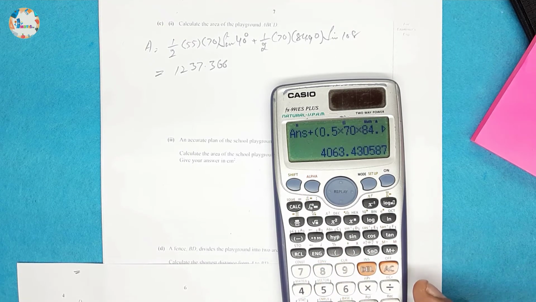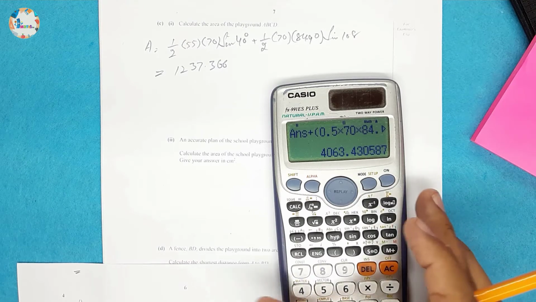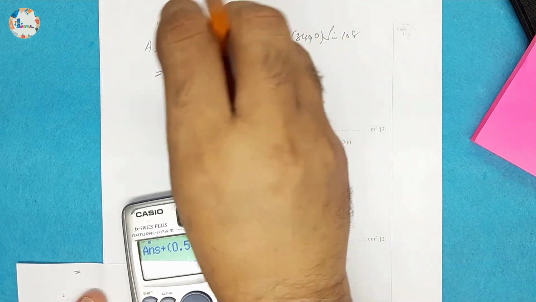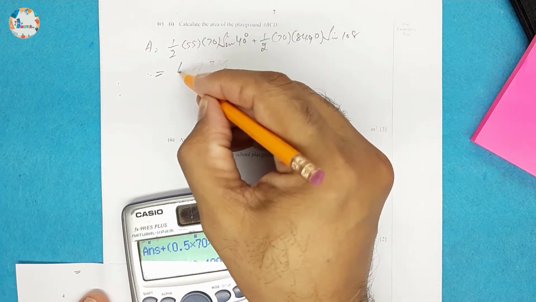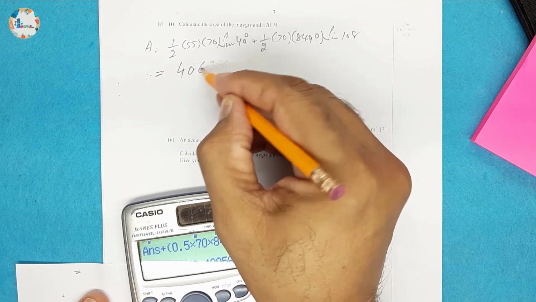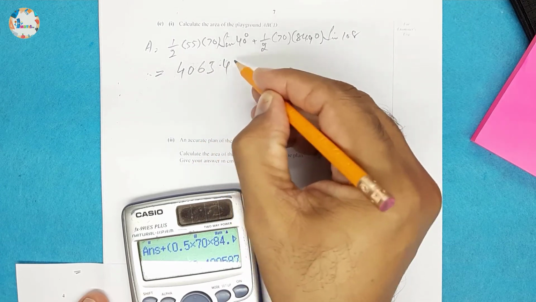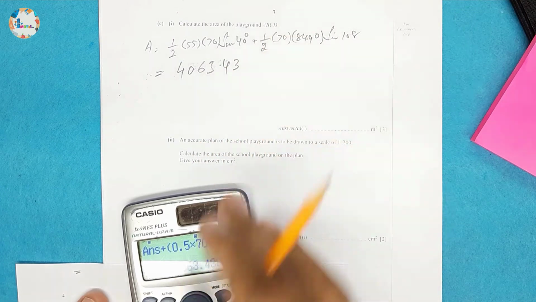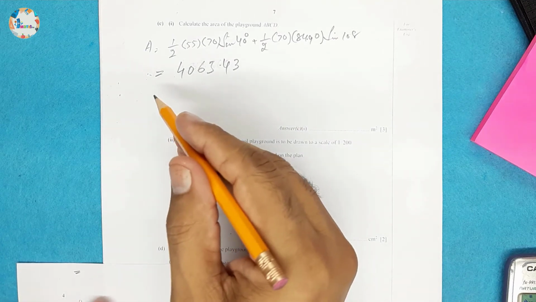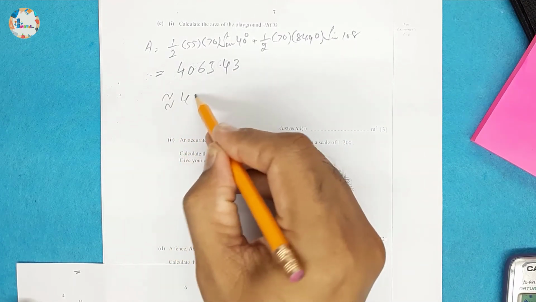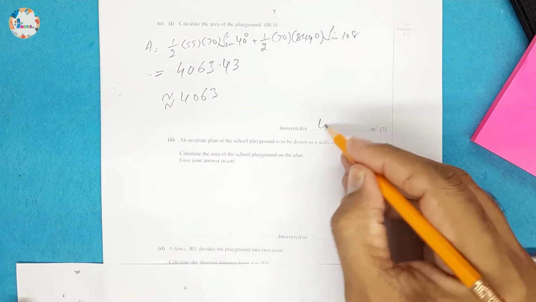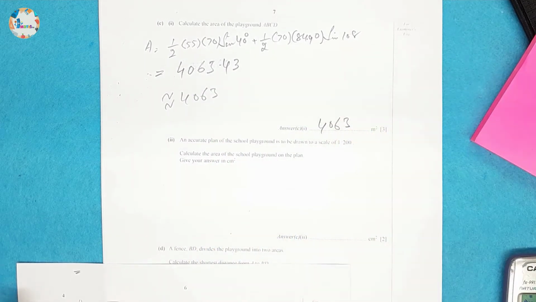This will be equal to 4063.43. So now we can write the rounded answer. Rounded answer will be 4063, so 4063 will be final. This will be meter square.